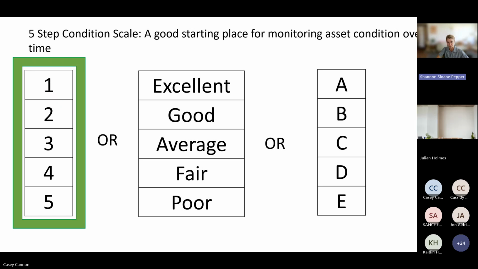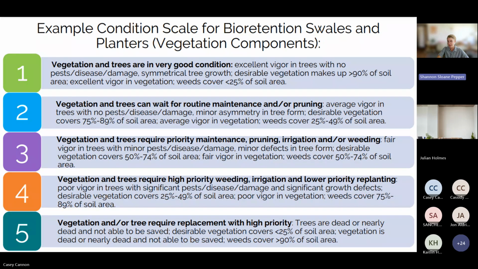Next slide. And this is an example of a condition scale that we designed for bioretention swales and planters, and particularly the vegetative components. It's really important to track the asset's condition in these clear preset ways.